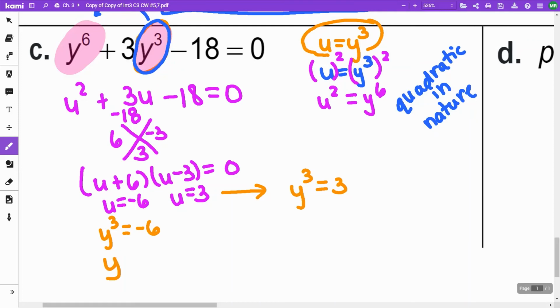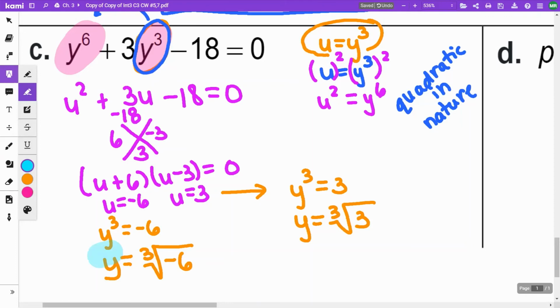I cube root this, I get a y. I apologize, wrong letter. I cube root the next one, I get the cube root of negative 6. That's your answer. When I have y cubed equal 3, again, I cube root it. I get y, and when I take the cube root of 3, I get the cube root of 3. Those are our answers.